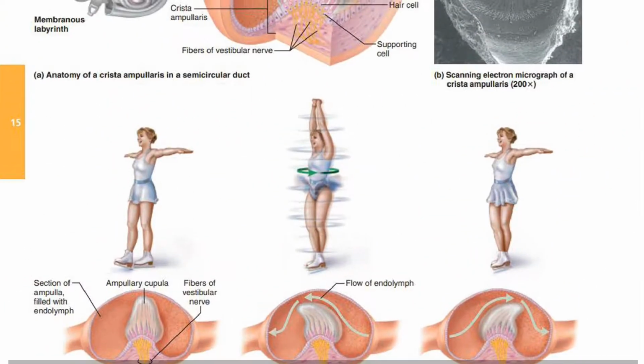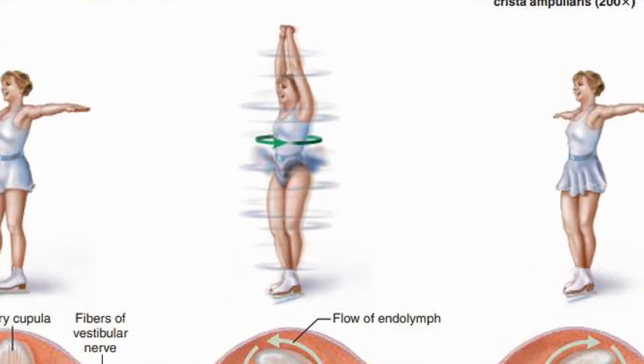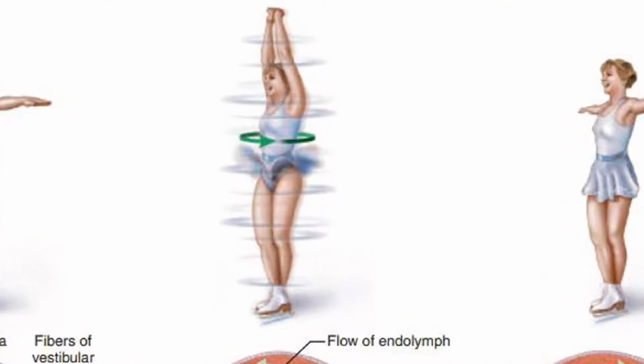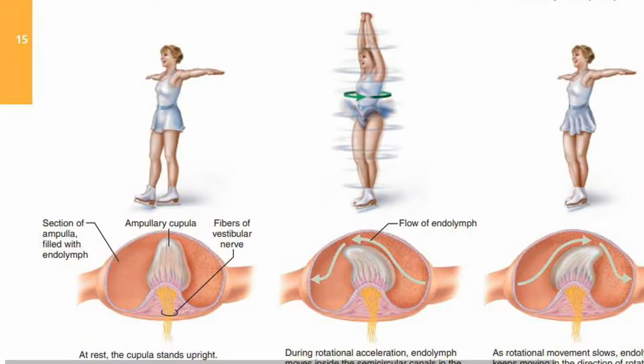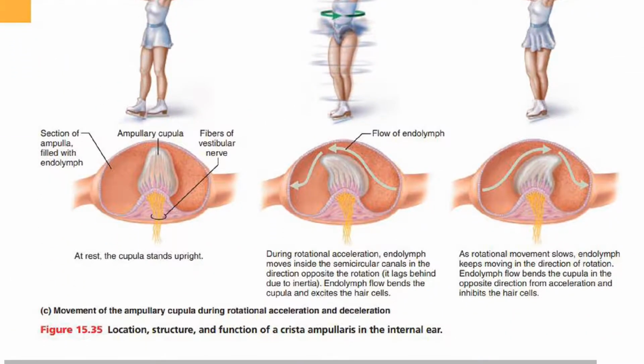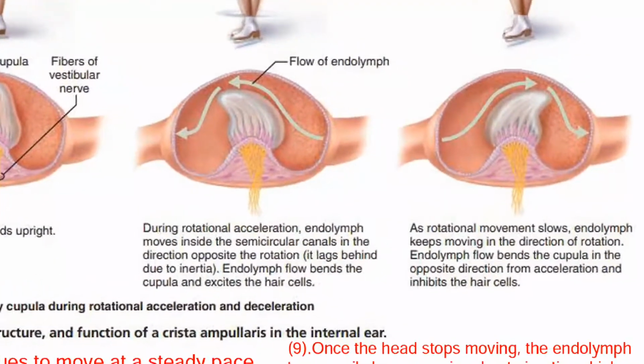Now you see the girl is dancing, and she is performing a rotational dance. Her body is spinning, and this is the direction in which her body is moving. So you can understand the head rotation direction this way, with the arrow. So now what happened?